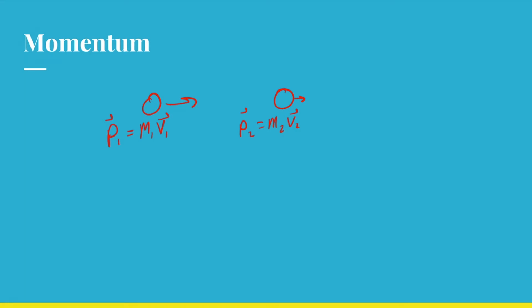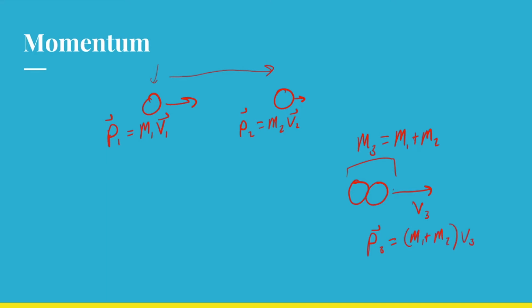We can see that this object right here is going to catch up to this object, and then after some amount of time, we will have 2 objects moving at some v3. We can calculate the momentum of this total object because m3 is just going to be equal to m1 plus m2. So the momentum of object 3 is going to be equal to m1 plus m2 times v3.